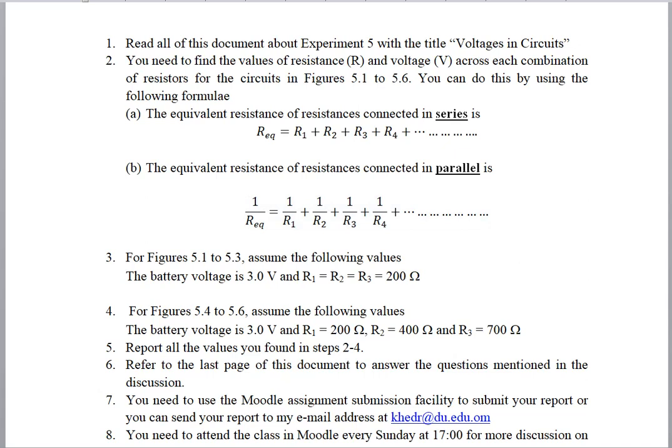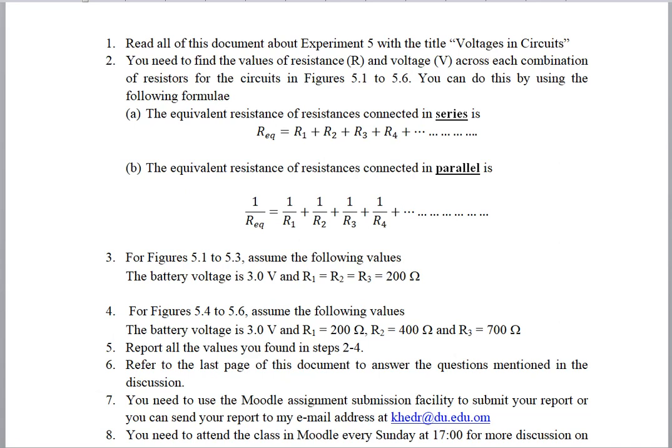R1, R2, and R3 are equal to each other, and the value of each of them is 200 ohm. For the other 3 figures, figure number 5.4, 5.5, and 5.6, assume the following values. For the battery, 3 volt, for R1, 200 ohm, R2 is 400 ohm, and R3 is 700 ohm.